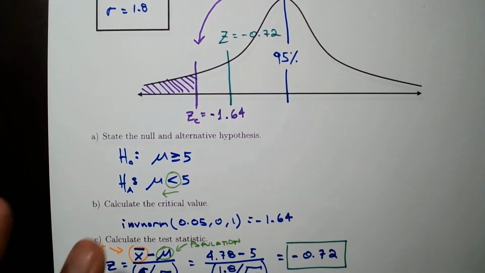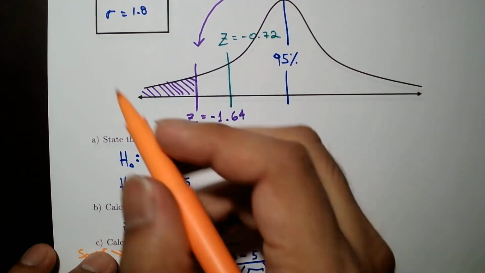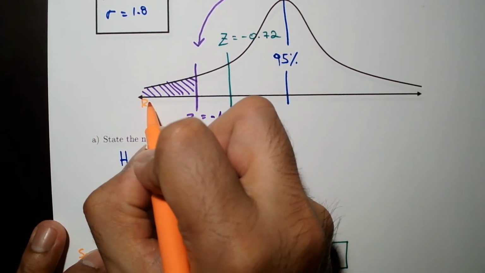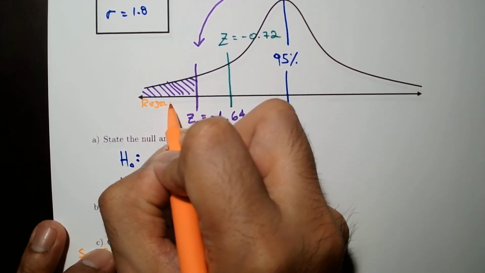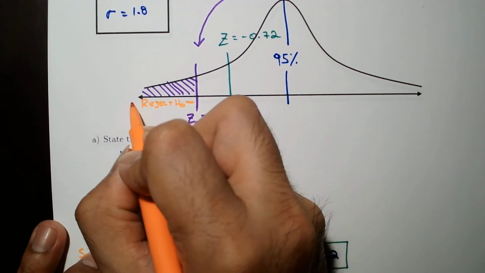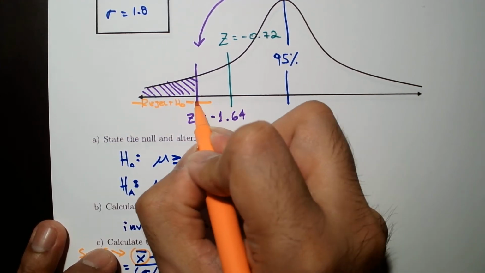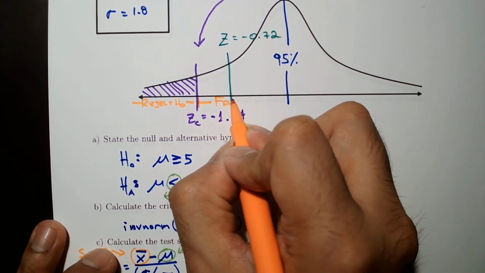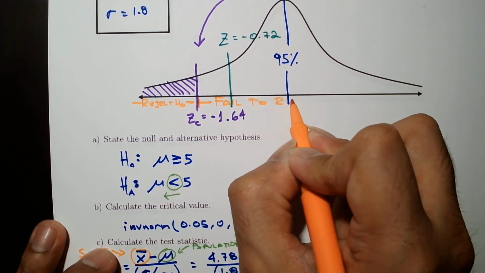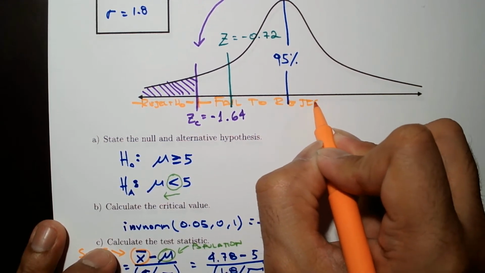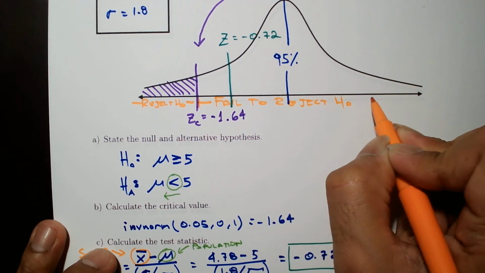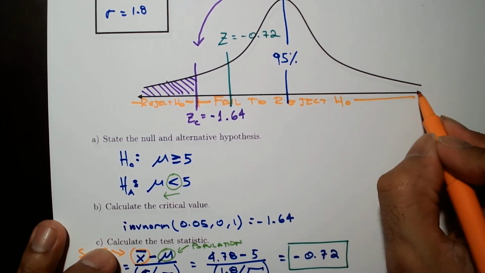Anywhere here, reject; anywhere else, fail to reject the null hypothesis.